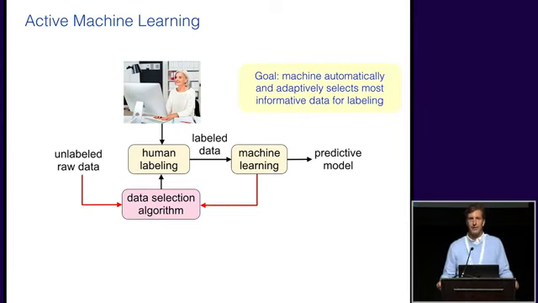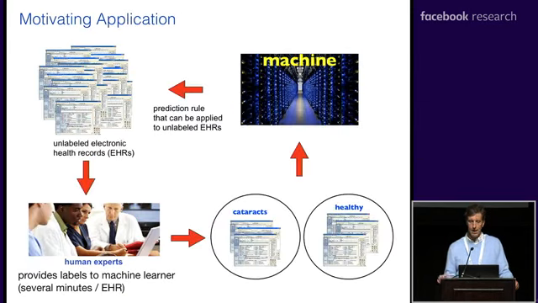That data selection algorithm is going to be looking at all the unlabeled data as the machine is learning and judiciously selecting specific examples and asking the human expert to label those. The idea is basically that the machine, as it's starting to build up a model of how to predict, will flag confusing examples that it's very uncertain about and ask the human expert for help on those specific cases.